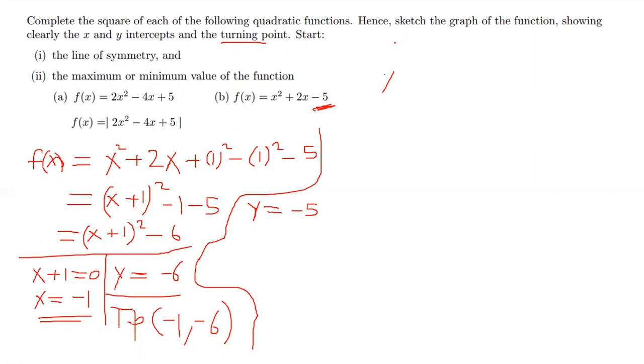So I'm going to equate, let me just write it on top. I'm going to equate my (x plus 1) squared minus 6 to 0. I've just equated this part here to 0.